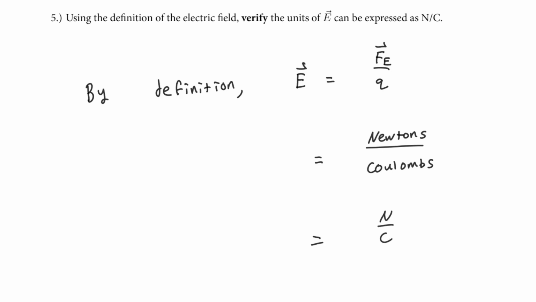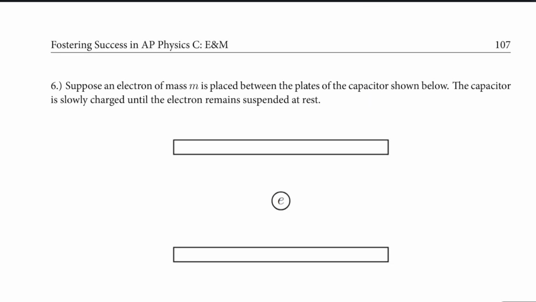So we get our unit of newtons per coulomb as expected. And that gives us a really nice way of interpreting the magnitude of the electric field. Just like you might write the quantity g as 10 newtons per kilogram to tell you how many newtons are exerted on each kilogram of mass, the electric field tells you how much force is exerted on each coulomb of charge.